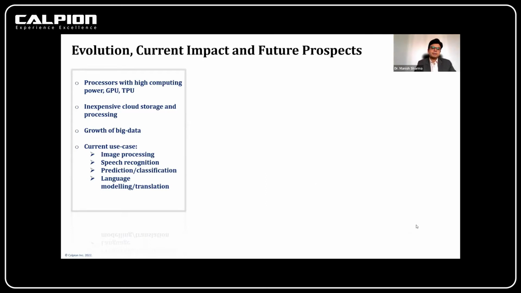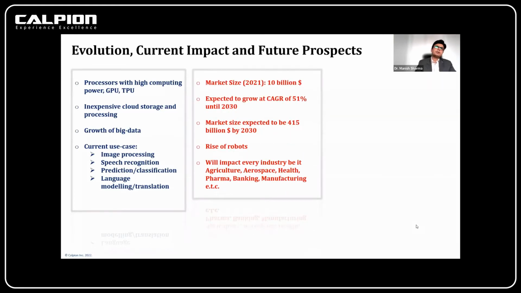That's what has happened in the last 10-15 years, and that's why deep learning is at a stage where the current market size is around $10 billion, and it is expected to grow at a CAGR of greater than 50% for the next 8 to 10 years, and will cross the 400 billion mark by 2030. What does this mean physically?